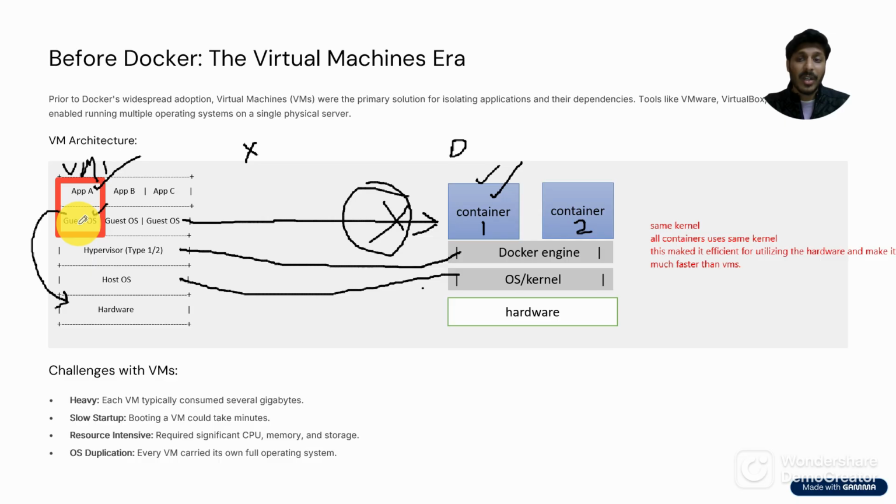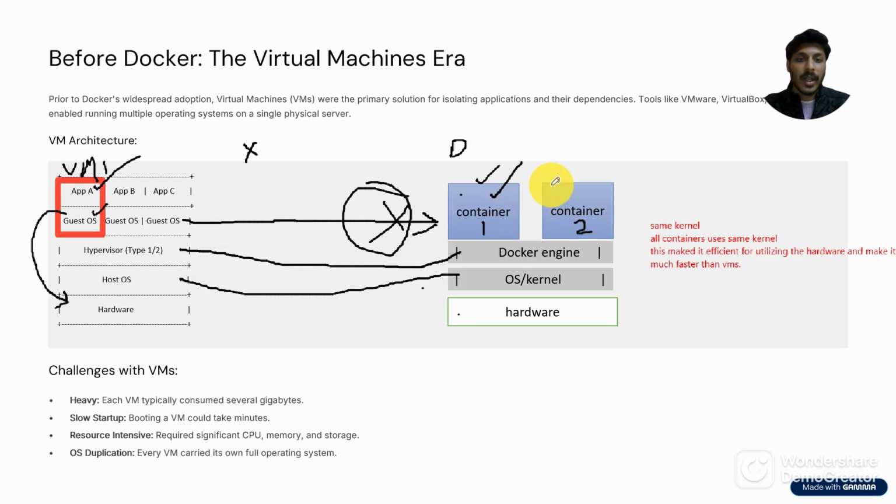Why is there even a need for it, if this container or Docker engine is directly communicating with the kernel of the OS and utilizing the hardware directly? So this is where the drawback has been solved in Docker.